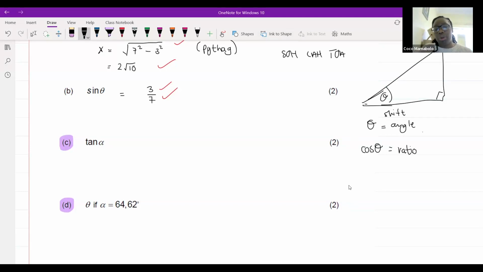Okay, they want you to tell them something over something, the adjacent over the hypotenuse. Okay, but if they just say find theta, theta is just an angle all on its own. So the answer must be something like 40 degrees or 37 comma something degrees. That's what theta is. All right. I hope that answered your question.